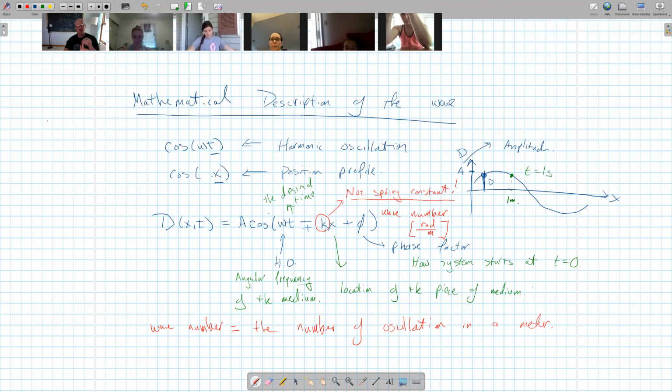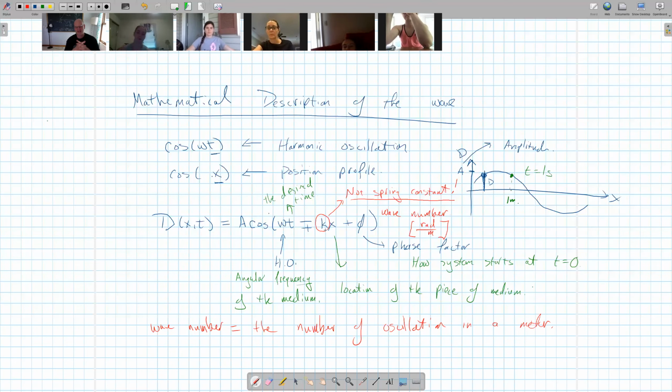The second time was the spring constant. The third time is now the wave number, and we're going to see it at least one more time when we get to electricity, which is the electrical constant. So each one of these Ks has a different meaning, and we have to determine which K we're talking about from the situation.